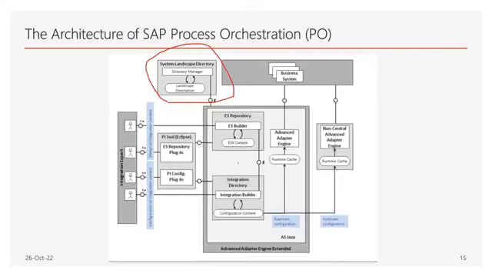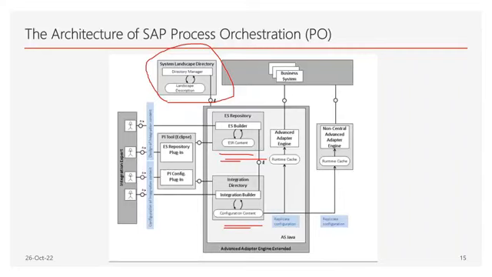At the same time, we have ESR and ID, which are the two major components for developing any objects inside the PI. And then we have a tool called the Eclipse tool, which we call NWDS, which can be used to access this ESR and ID to develop the objects.